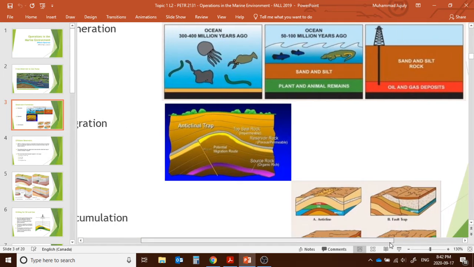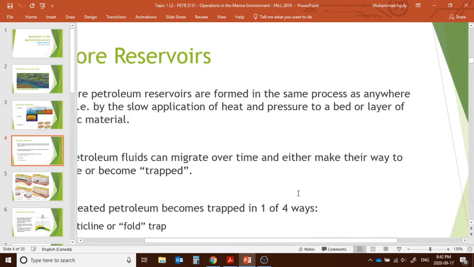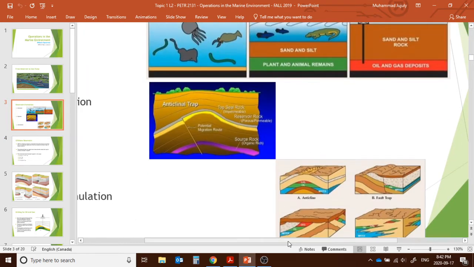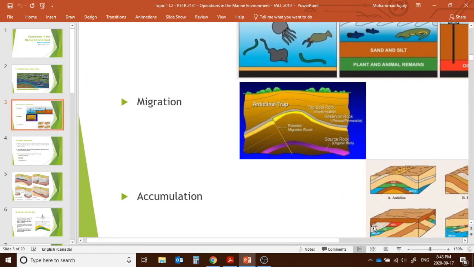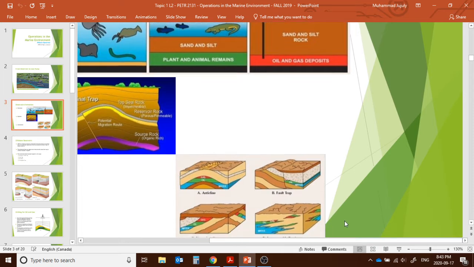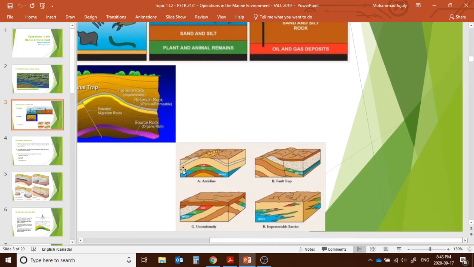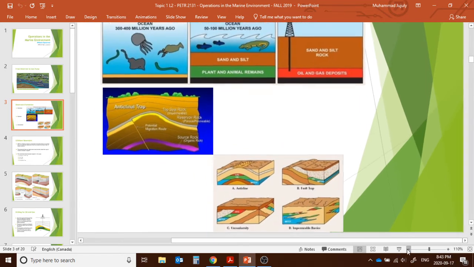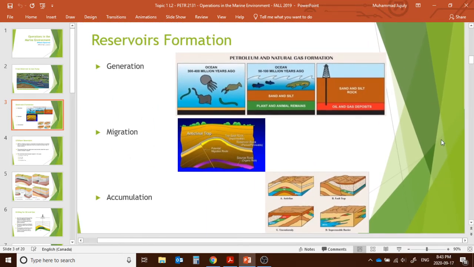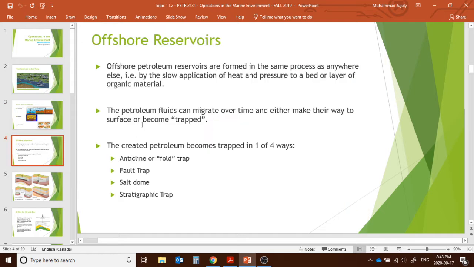So wherever you find a geological formation of traps, you'll find accumulated oil and gas there. As you can see, different types of traps are shown here right now. Okay, so let's get the next one.